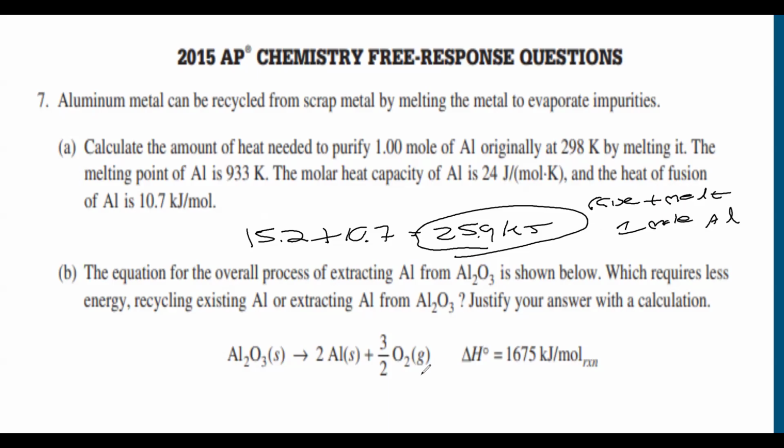Now we want to compare it to the bottom. The bottom says to get aluminum from aluminum oxide, they give us this equation. Solid aluminum oxide produces 2 moles of aluminum and 3/2 moles of O2. They give us the ΔH value as 1,675 kilojoules per mole of reaction. Up top is 25.9 kilojoules.